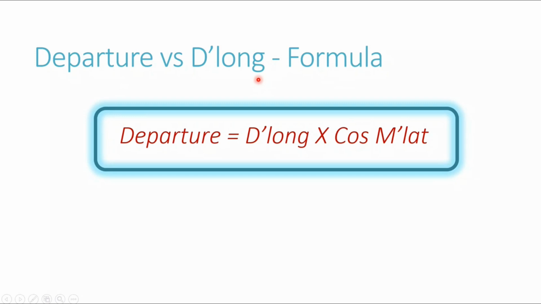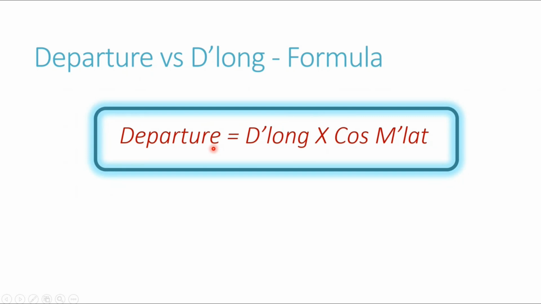Now, how to get the departure? Departure is obtained from the parallel sailing formula, which is departure is equal to D long into cos of M lat. M lat is the mean latitude. So whenever you want to put or show the east-west distance on our plot, we will calculate the departure and then use it to show that particular distance on our plot.